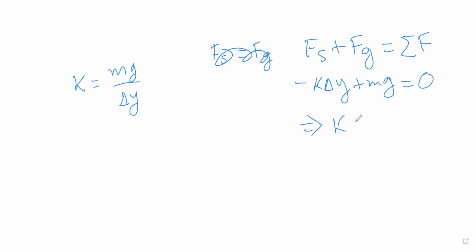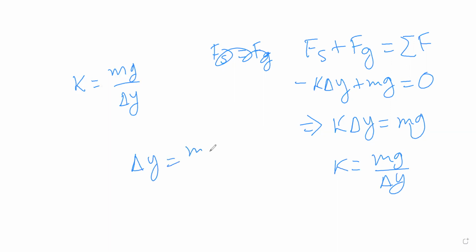So we write k del y equals mg. We just change the side, and this ky becomes positive, and we flip it. So what will be our k? k is then mg over del y. Or if we are asked to find del y, it is mg over k. You can use any of these formulas.